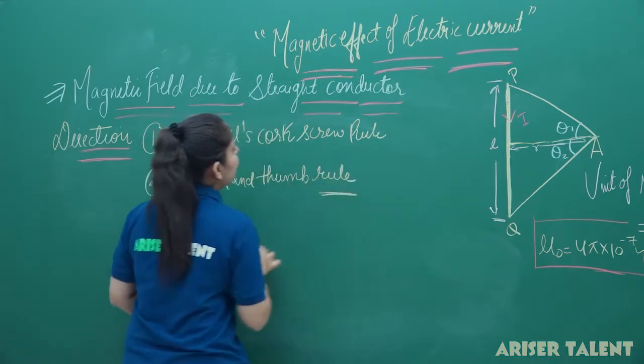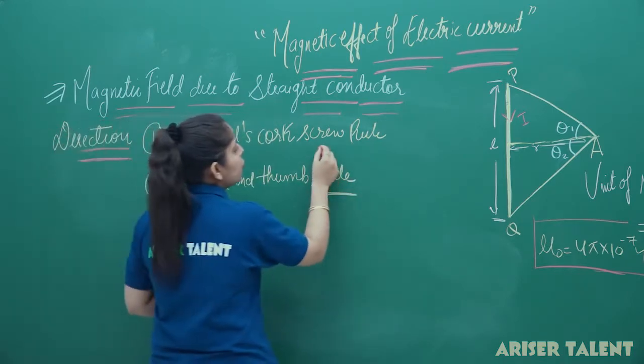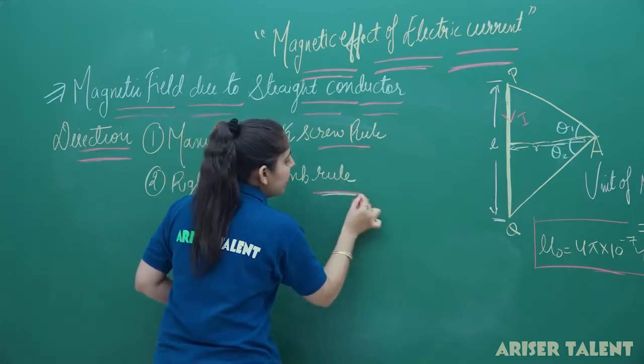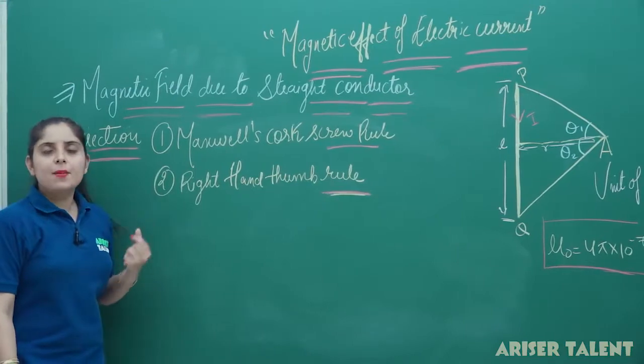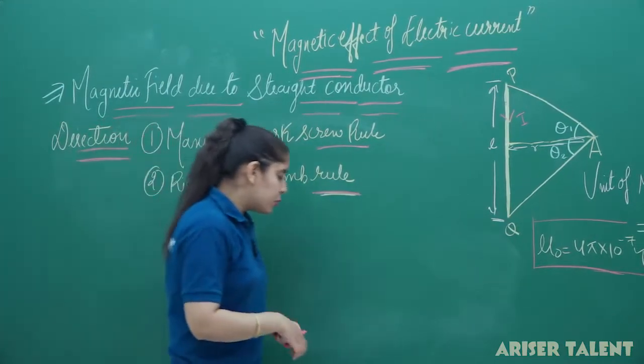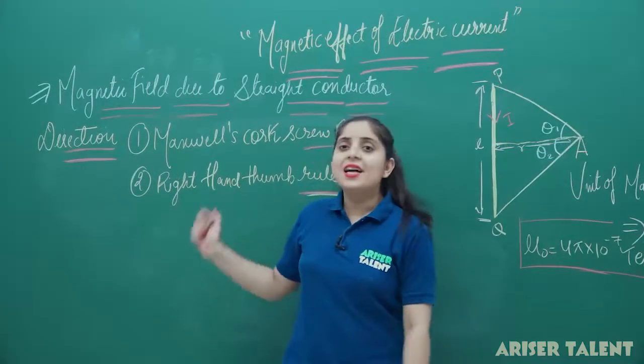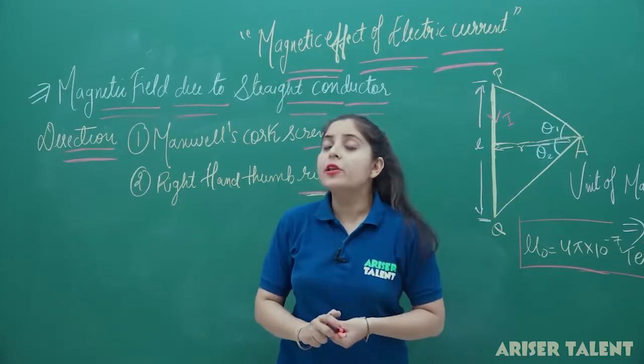Now we are assuming a current carrying conductor and trying to find out the direction of the current here. So firstly, we will discuss Maxwell's corkscrew rule. Let's start with it.